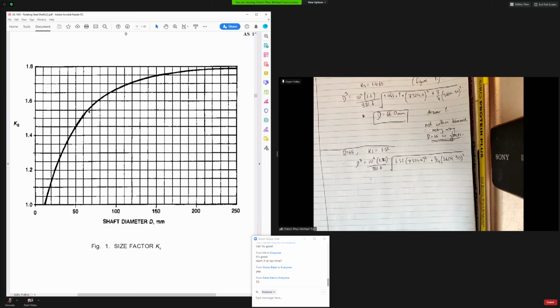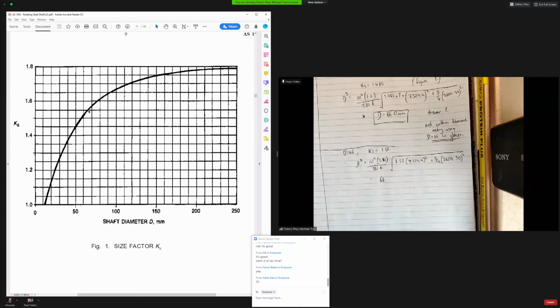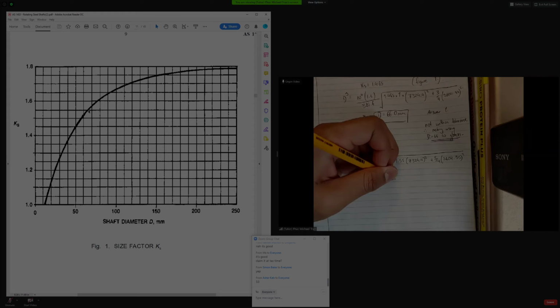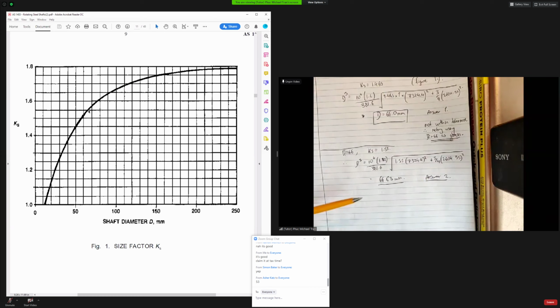Times square root times 1.2, 66.63. Answer 2. So this is your second iteration of that formula.